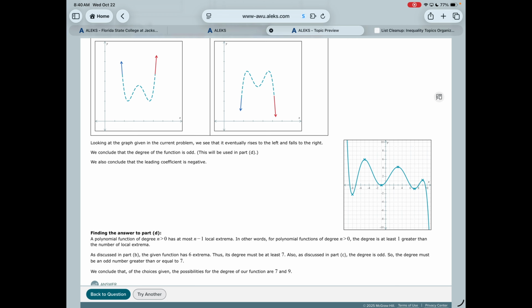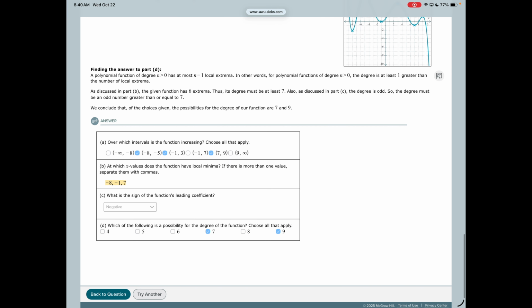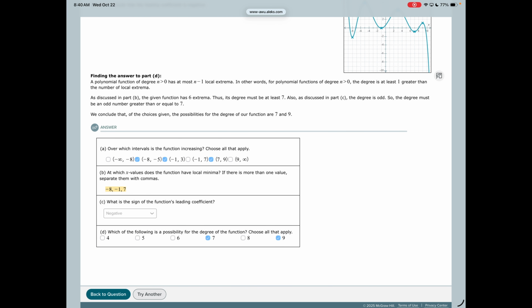This one only has 6. It's not going to have more turns than n minus 1. So the way I would do it in my head is: there are 6 turns, so I know my degree has to be odd, so it has to be 7, and then it could be any other odd number higher than that as well. That's the easy way to think about that.